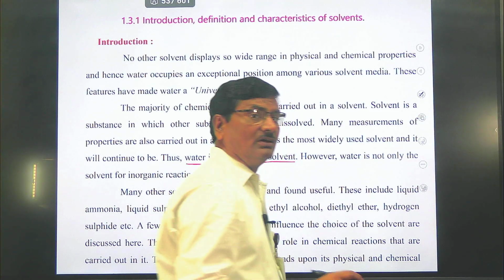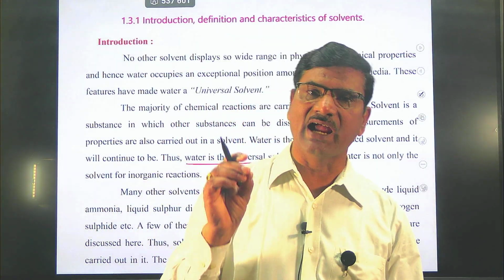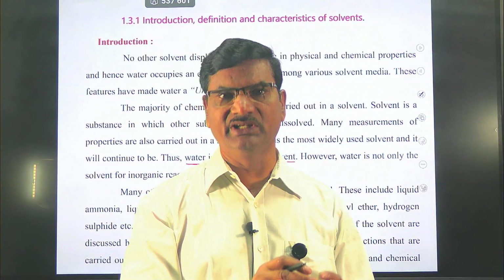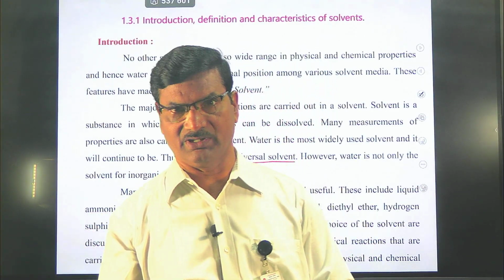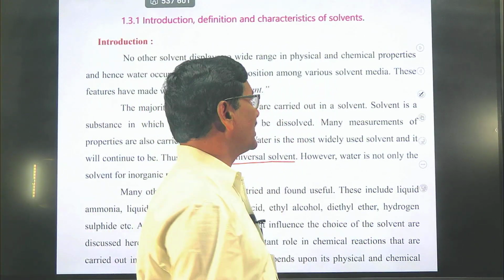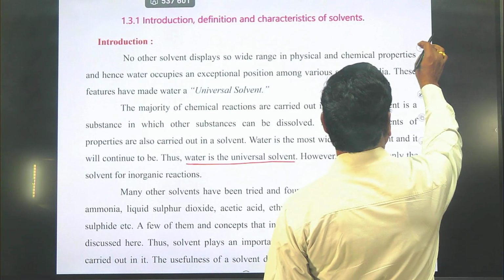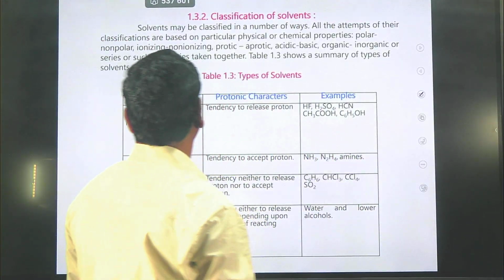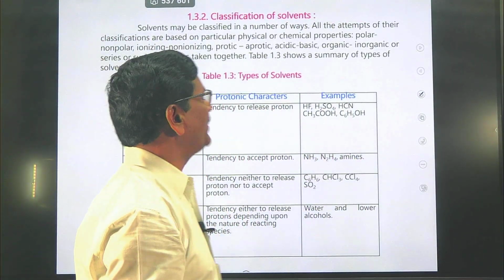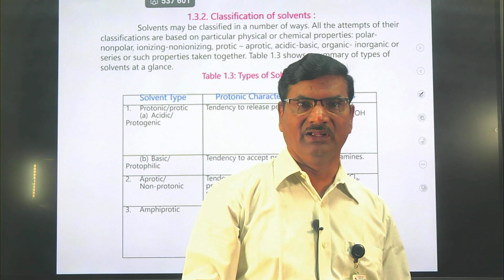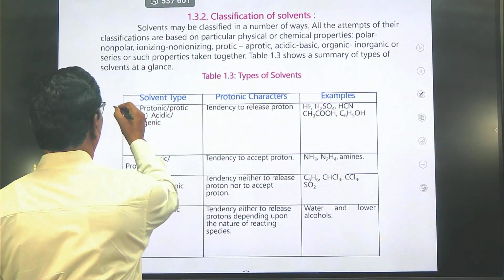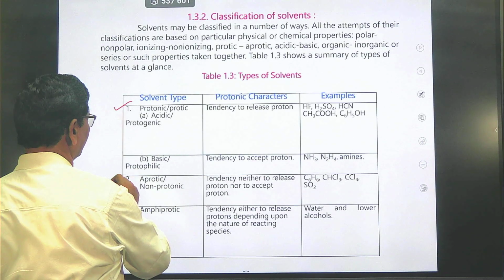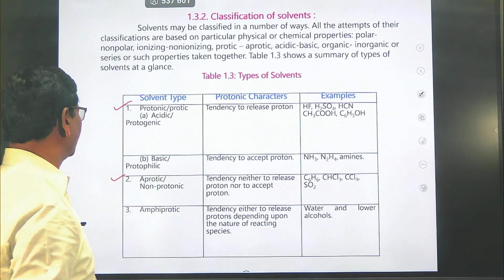But a number of reactions that are highly impossible to carry out in water can be carried out in non-aqueous solvents. That's why there are different types of solvents. The solvent may be classified in a number of ways: protonic solvent and non-protonic solvent, also called aprotic solvent.